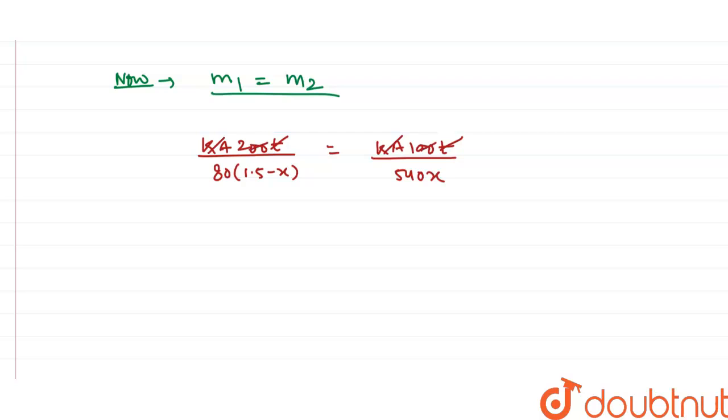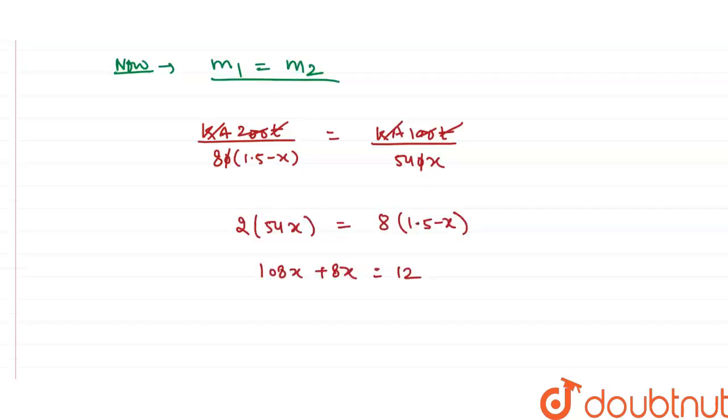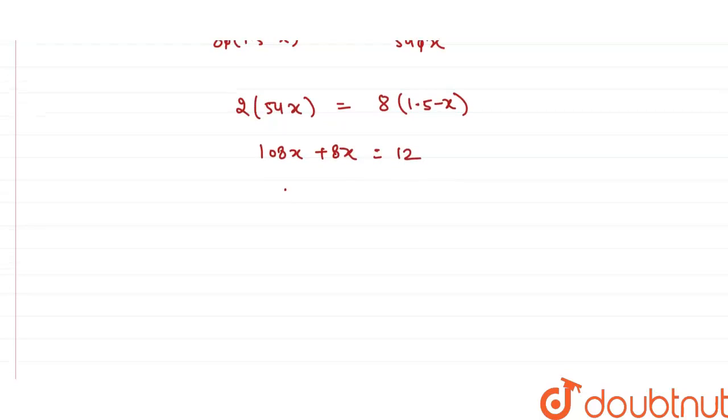So finally we will have 2 upon 8 into 1.5 minus x equals 1 upon 54x, which gives 108x plus 8x equals 12. Further simplifying it, we will have 116x equals 12. So the value of x will be 12 upon 116, and that is coming out to be 10.34 centimeter.